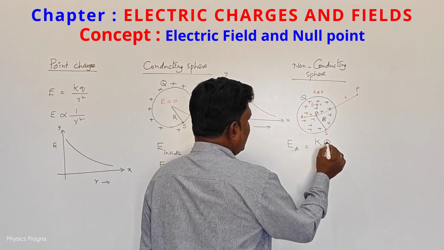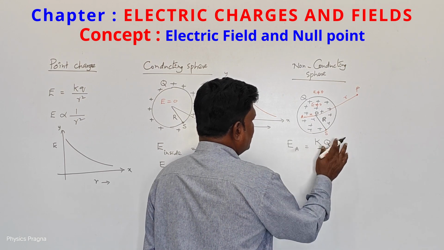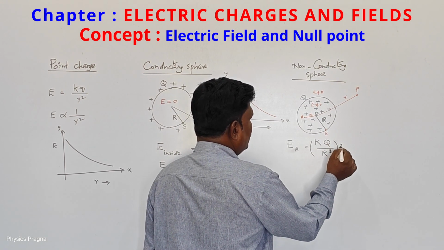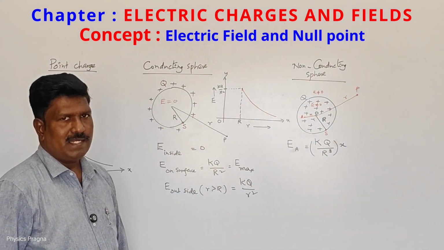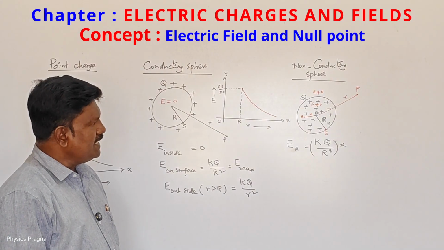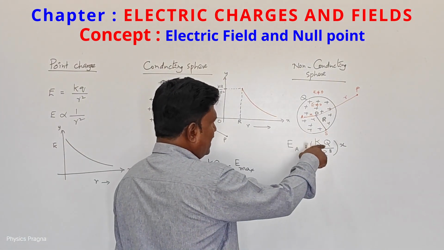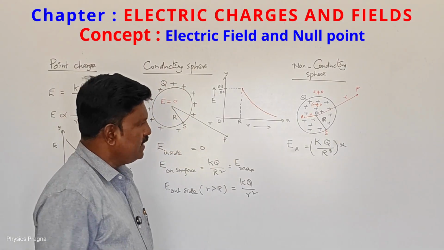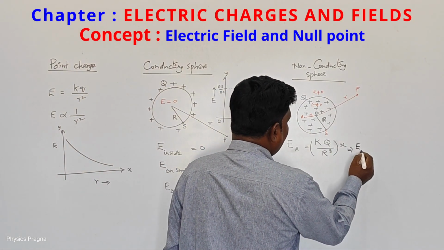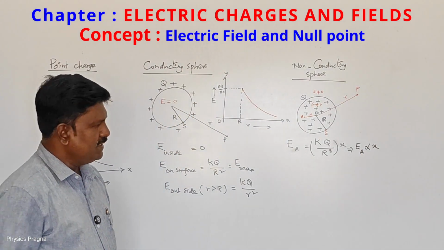The formula is kQx by R cube, that is kQ by R cube into x. Don't forget that formula. The electric field inside the non-conducting sphere at x distance is kQ by R cube into x. From this, we came to know that inside the sphere, E is proportional to x.